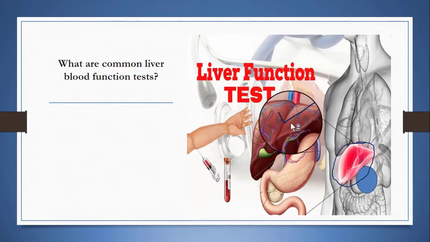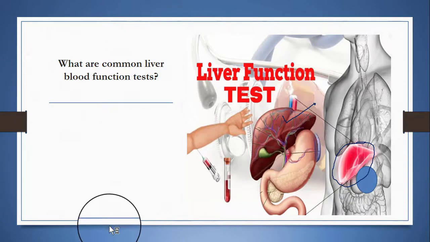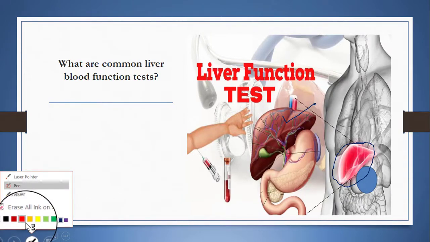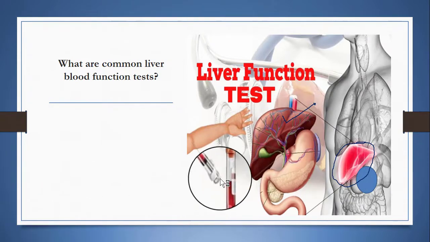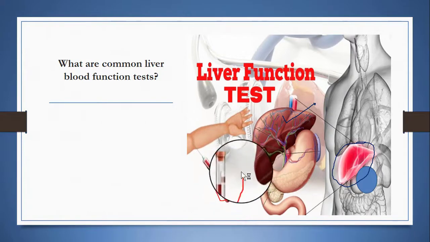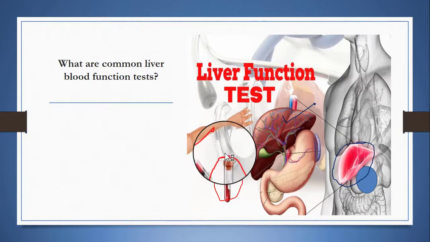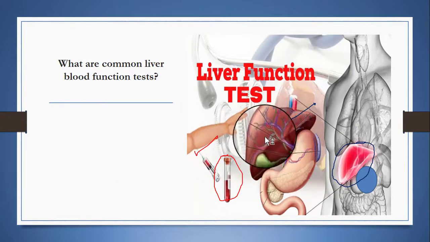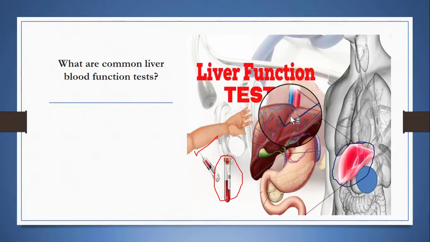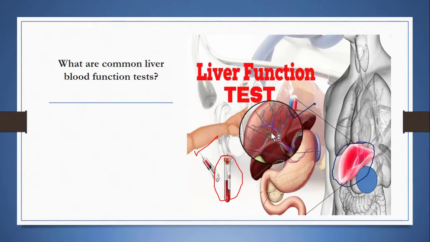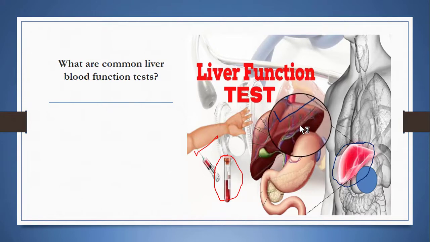An initial step in detecting liver damage is a simple blood test to determine the level of certain liver enzymes, that is, proteins in the blood. Under normal circumstances, these enzymes mostly reside within the cells of the liver. But when the liver is injured for any reason, these enzymes spill into the bloodstream.